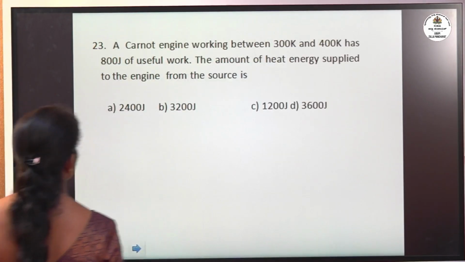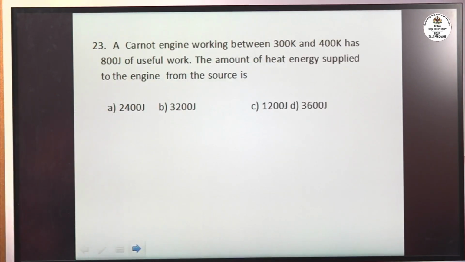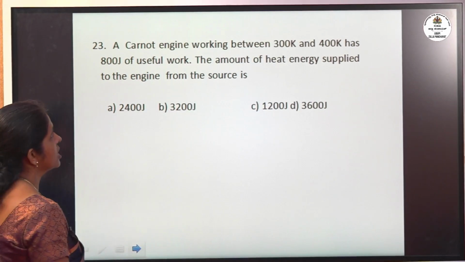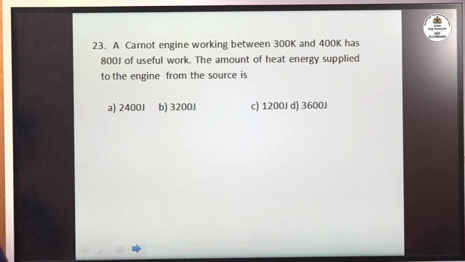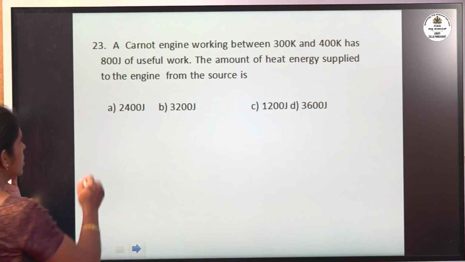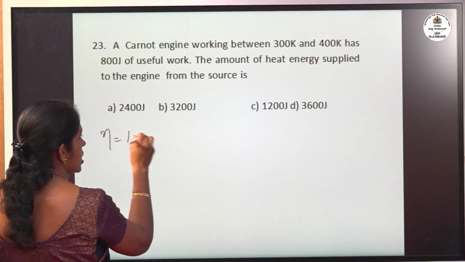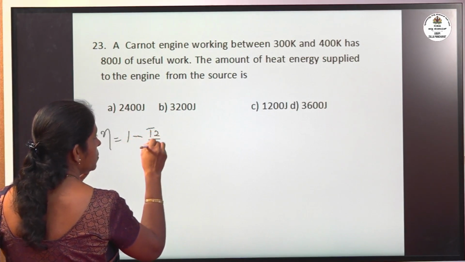Let us move to the next question. A Carnot engine working between 300 Kelvin and 400 Kelvin has 800 joule of useful work. This question is based on Carnot's heat engine. What is the amount of heat energy supplied to the engine from the source? We have the equation for efficiency: efficiency of a Carnot heat engine is 1 minus T2 by T1.